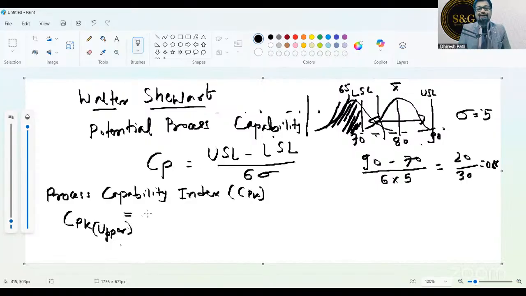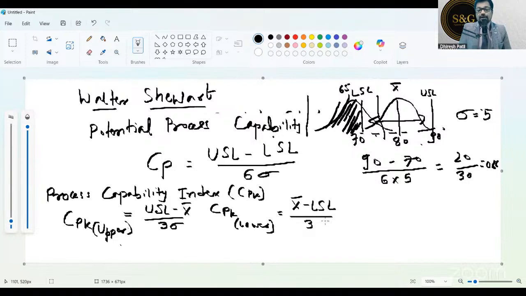The formula is USL minus X bar divided by 3 standard deviation. And the other one is Cpk lower. The formula is X bar minus LSL divided by 3 standard deviation, 3 sigma.